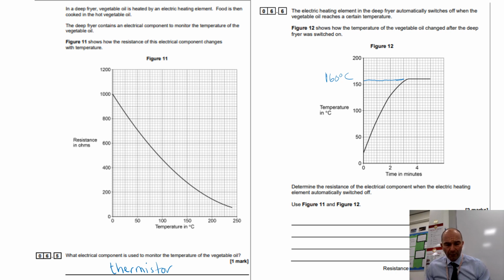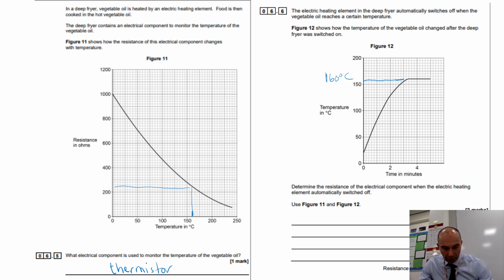Now we need to take that temperature and use that with figure 11. So we need to find 160 degrees on this scale, which comes in about here. We need to draw that up to the line, and then we just need to draw across.